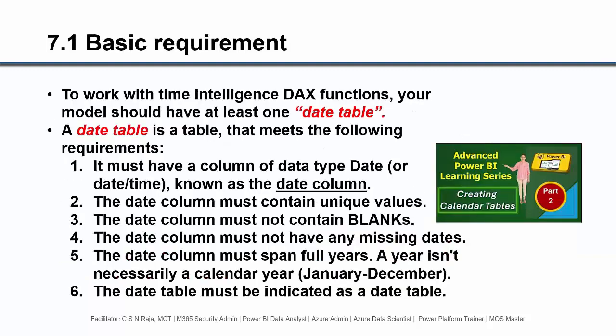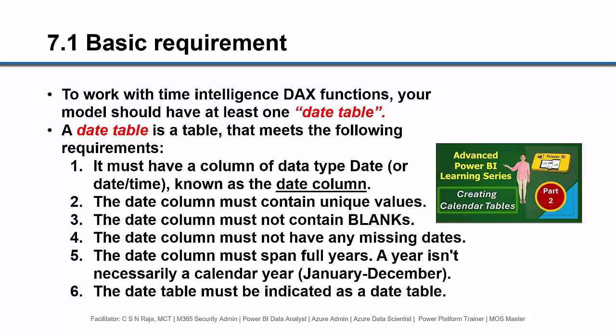The basic requirement for creating time intelligence functions in a Power BI desktop model is to have at least one date table. A date table is a table that meets the following requirements. It must have a column of data type date or date and time, known as the date column. The date column must contain unique values.